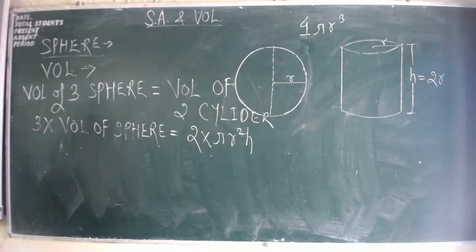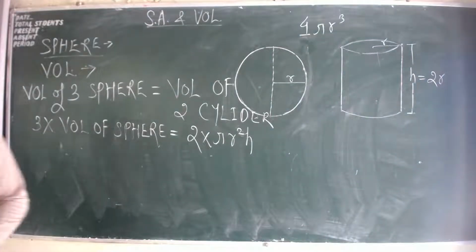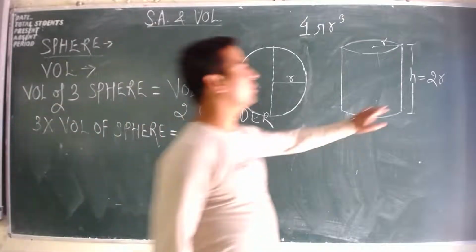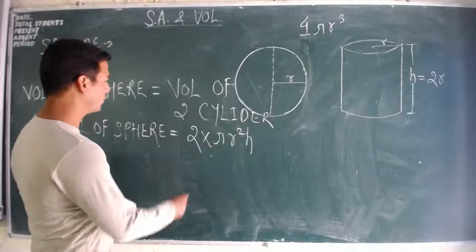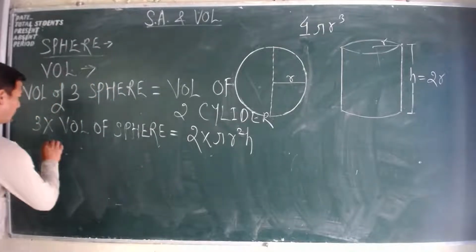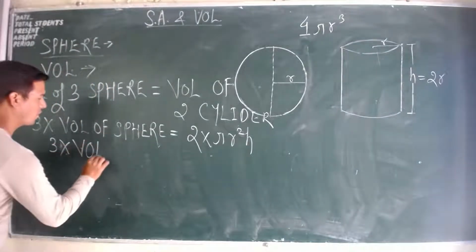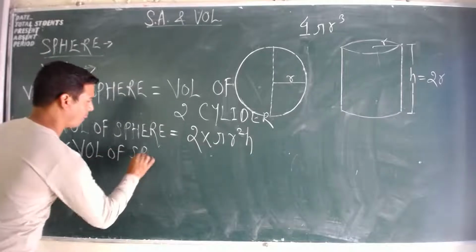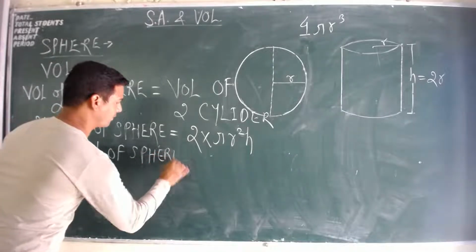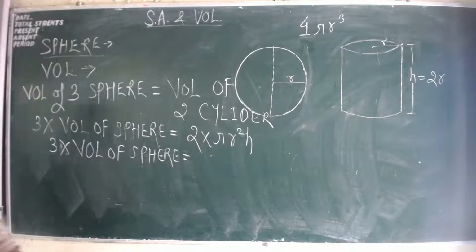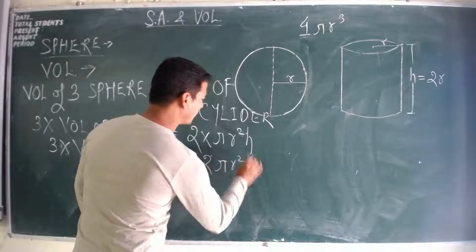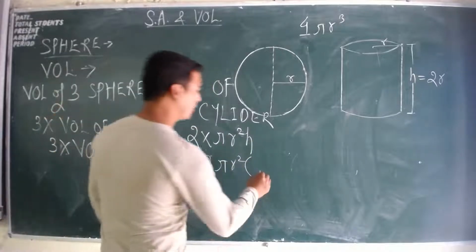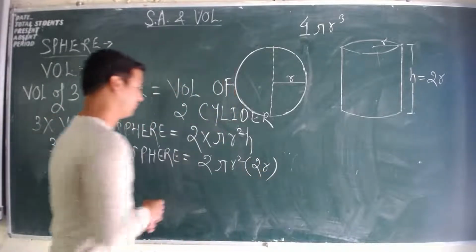So the height of the cylinder will be twice of r, where r is the radius. So 2 pi r square as it is, and in place of h, we will take twice the radius.